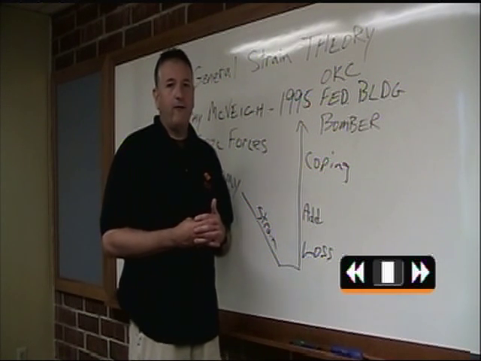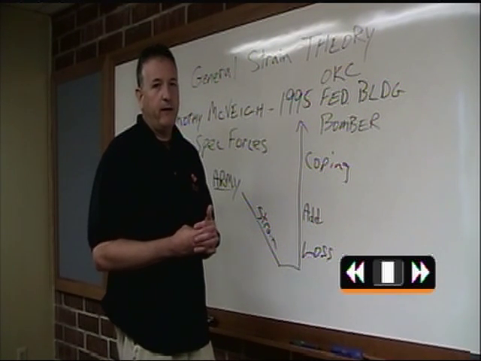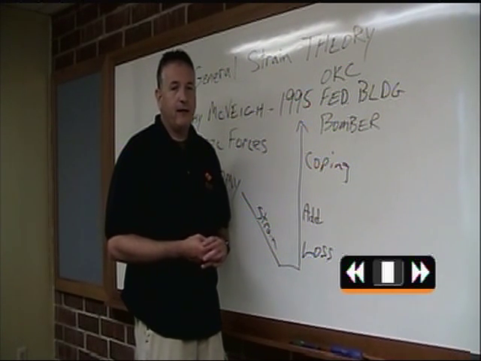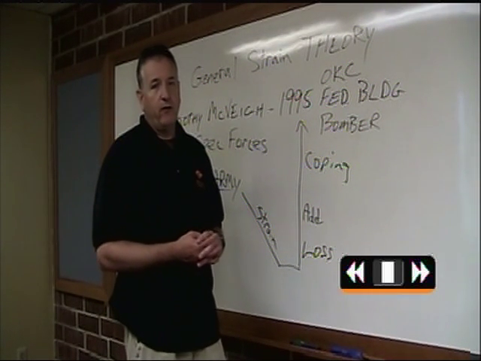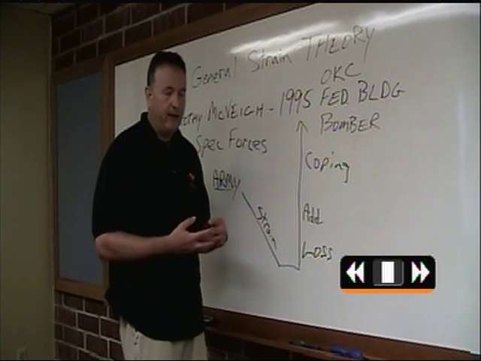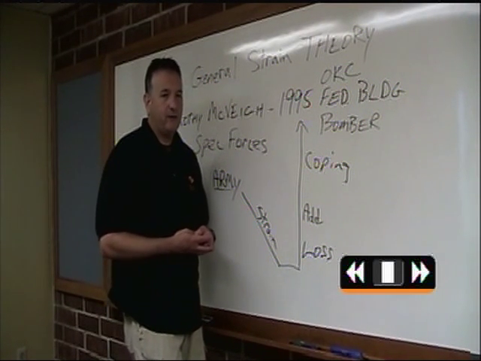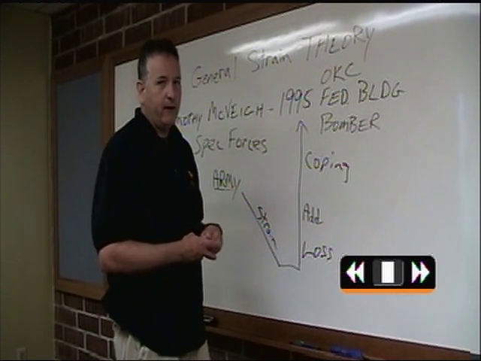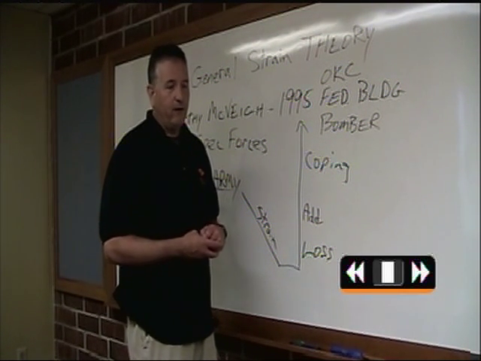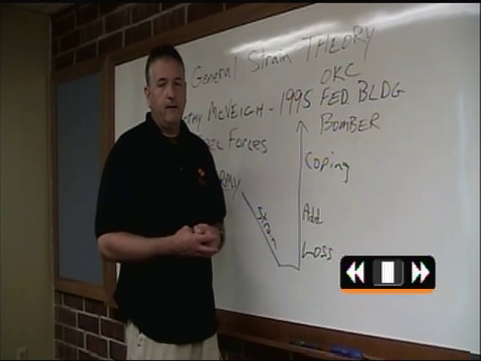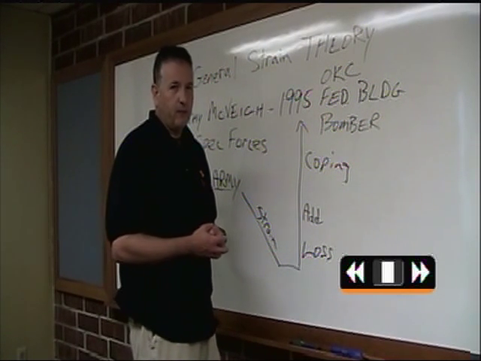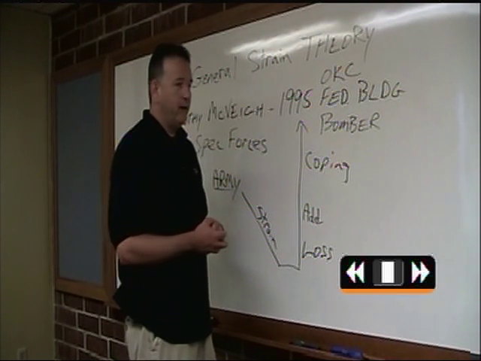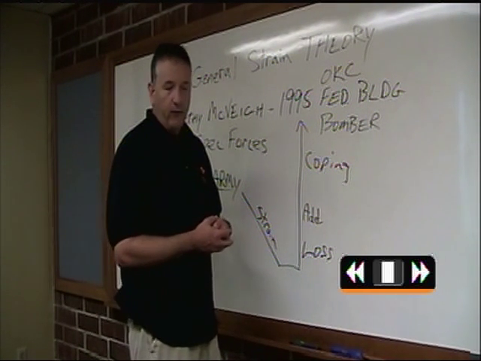He was caught driving north out of Oklahoma in a vehicle with no license plate, which obviously attracted the attention of the police. Police pulled him over. He had a handgun with him that he wasn't properly licensed to carry. They detained him for about 24 hours and were ready to let him go, when all of a sudden they realized through the NCIC computer system and through the FBI warrant system that he was a person of interest in this federal building bombing.